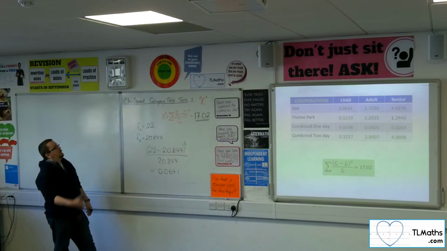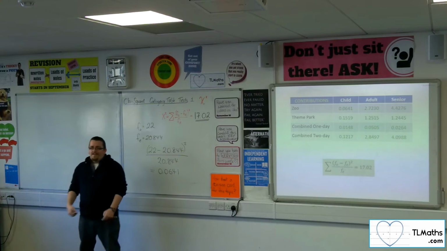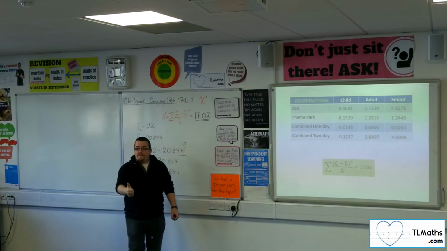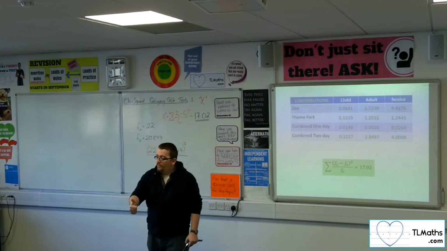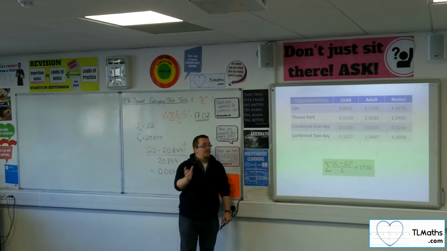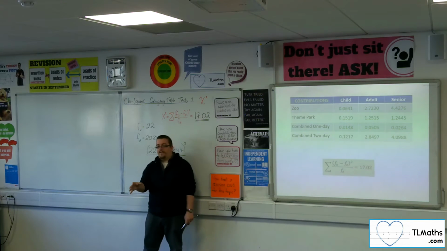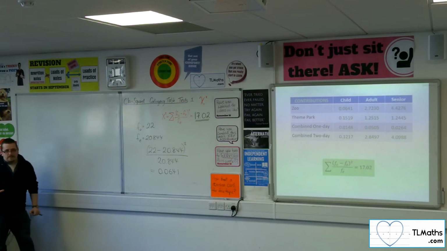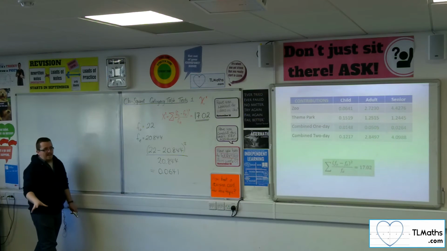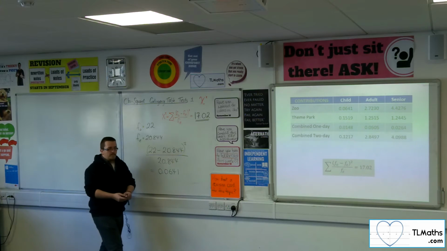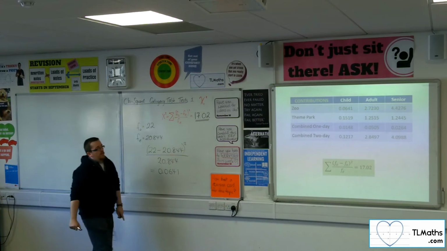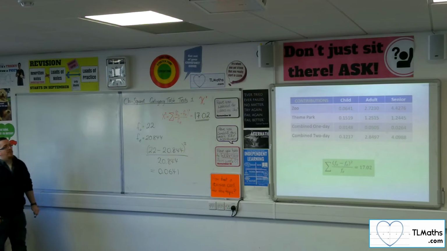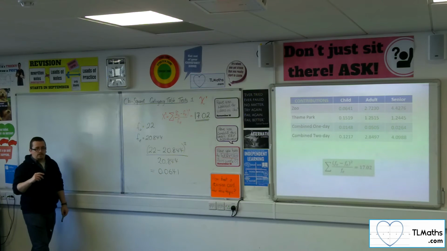Okay, right, so we went through finding the totals of the rows and columns, then we did the expected frequencies, then we did the contributions, then you've got to add them all together, okay? Plenty of opportunities there to go wrong, okay? We get this final chi-squared statistic of 17.02.